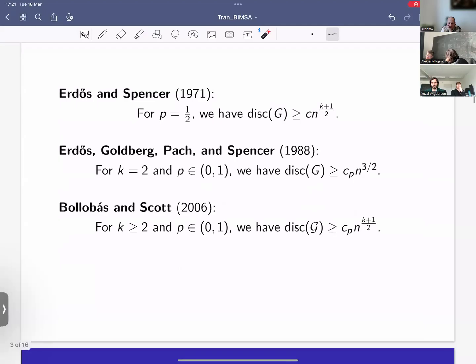And later, Bollobás and Scott extended this result to all uniformities. So they proved that for any uniformity k and any density p, the discrepancy of a k-uniform hypergraph G with density p must be at least n to the (k+1)/2.